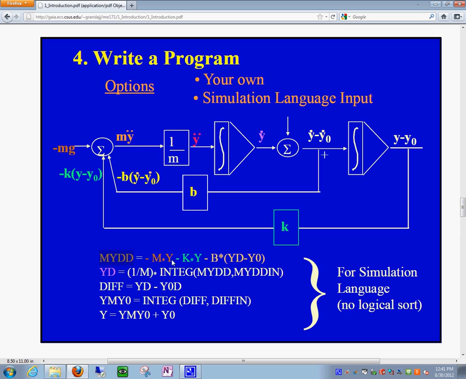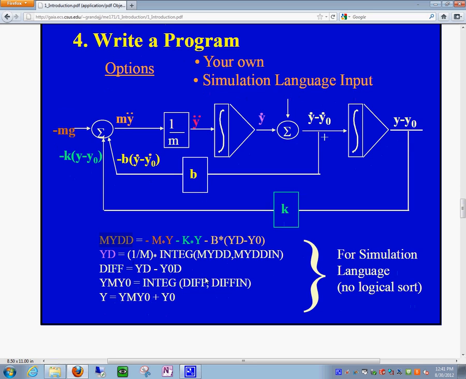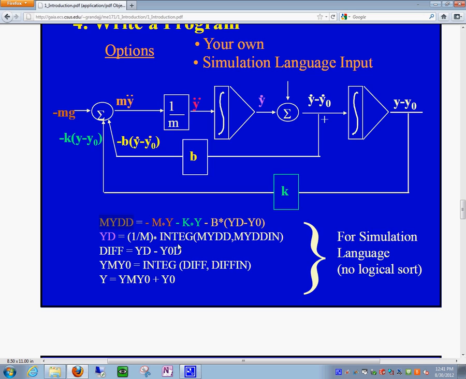Of MG, and then we have b minus y dot minus y0 dot. y dot is 1 over m, the integral of my double dot, and the initial condition.